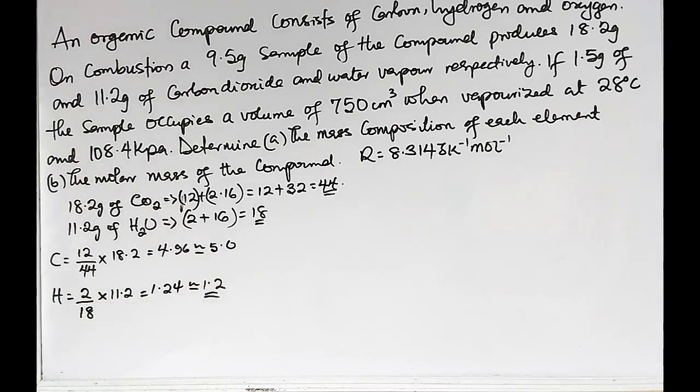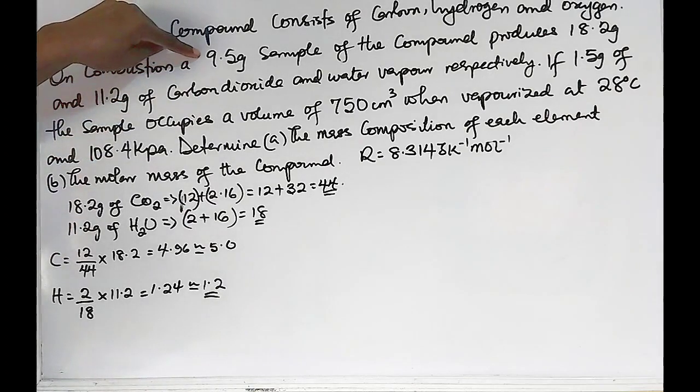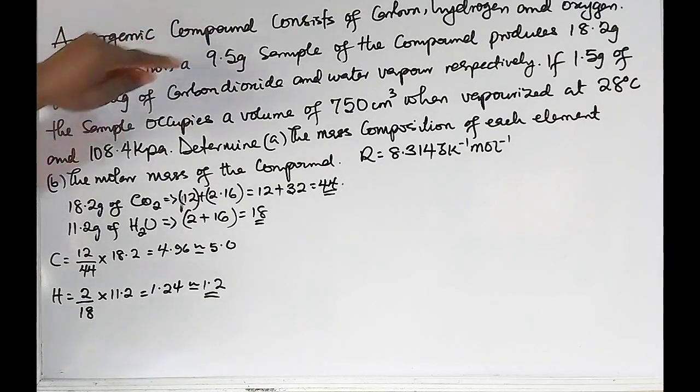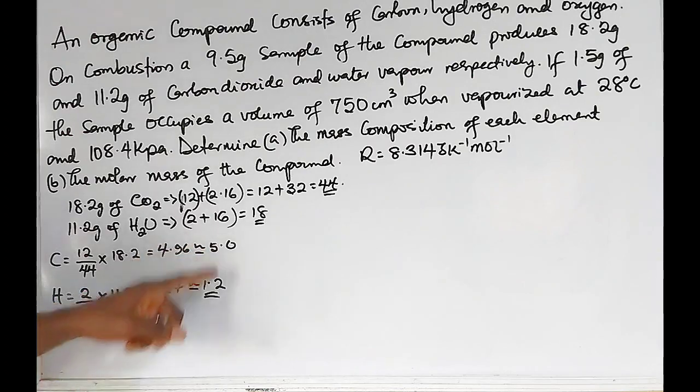Alright, now that we've gotten the percentage composition of carbon and the percentage composition of hydrogen, now let us get that of what? Oxygen. And how do you do that? Now take note that the total mass here for the compound is 9.5, right? Now since we've gotten carbon and hydrogen, let us add these two.